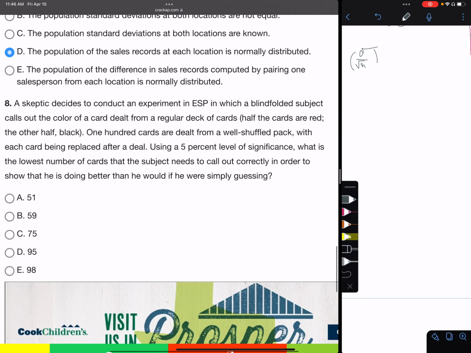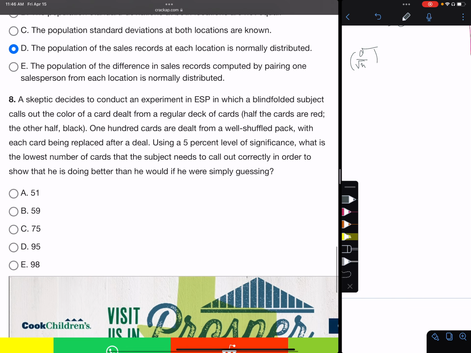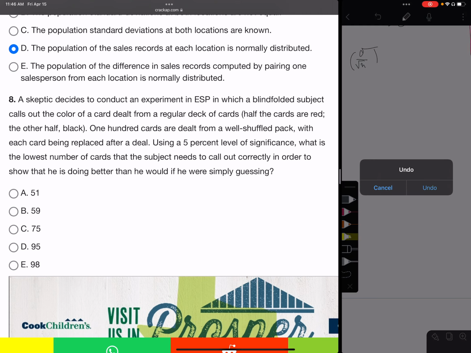Okay. Dealt from a well-shuffled pack, with each card being replaced after a deal. Okay, so this is with replacement. Lowest number of cards he needs to correctly guess.